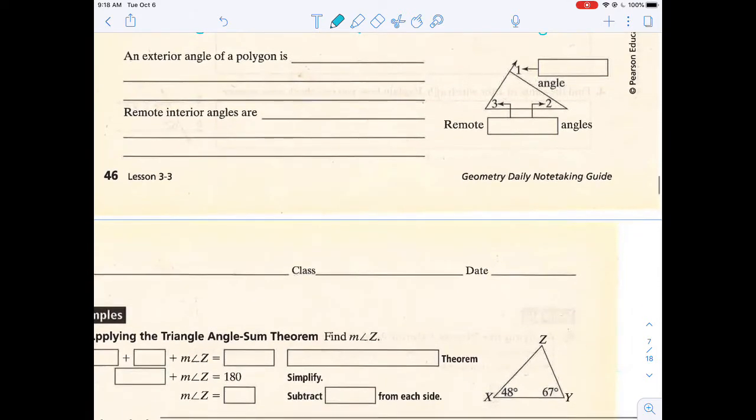An exterior angle of a polygon is an angle formed by a side and an extension of an adjacent side.